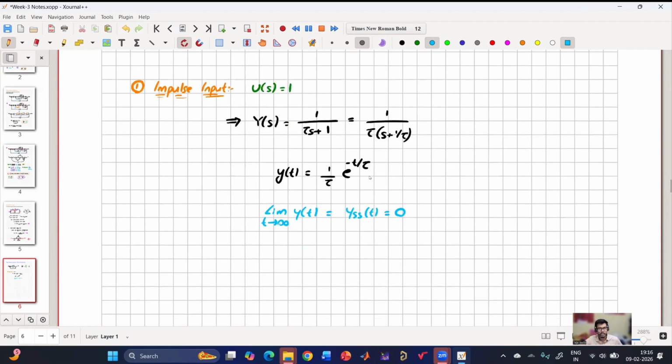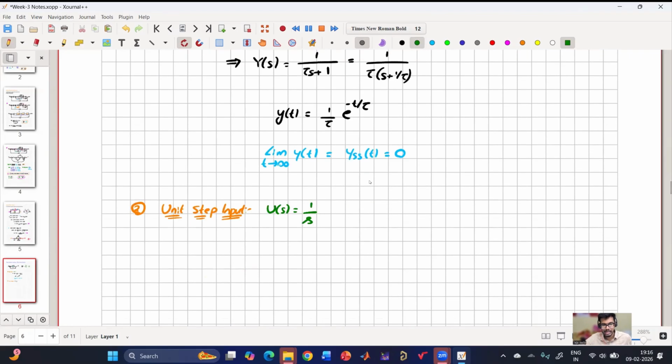Now let us see what will happen if we give unit step input. So for that, what is u of s? U of s is 1 by s. So now let us calculate y of s. I'll just quickly do it because it is simple math. So we'll have 1 by s into tau s plus 1.